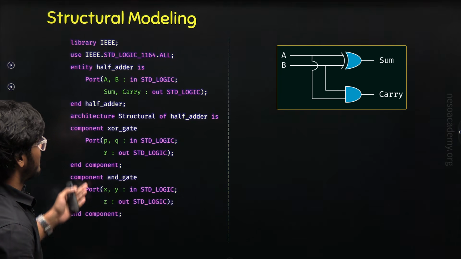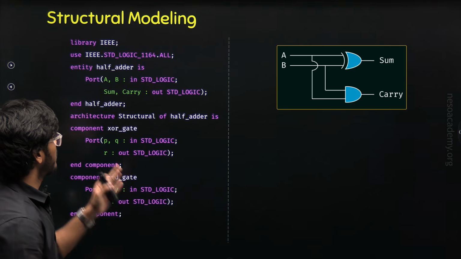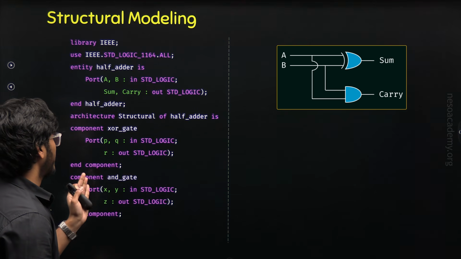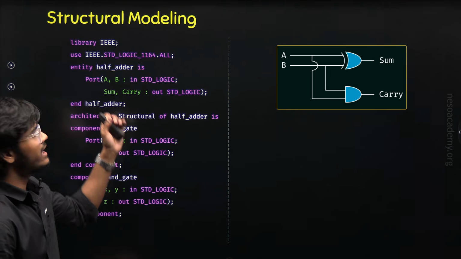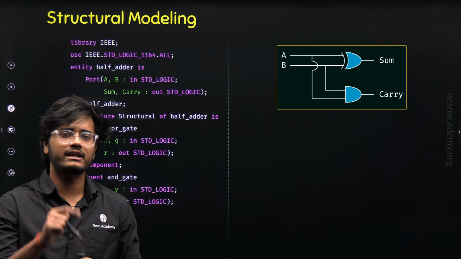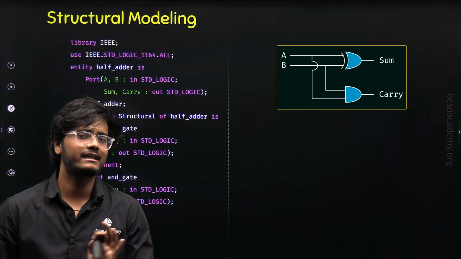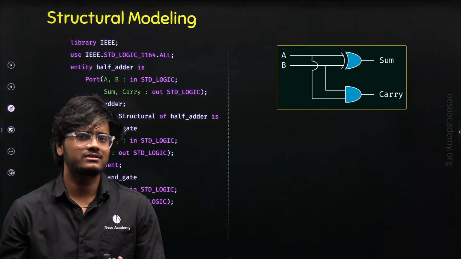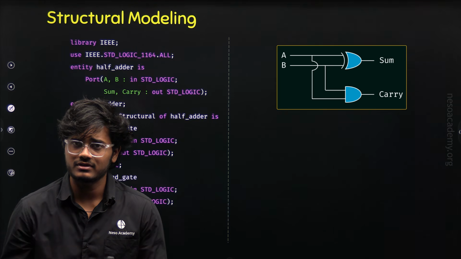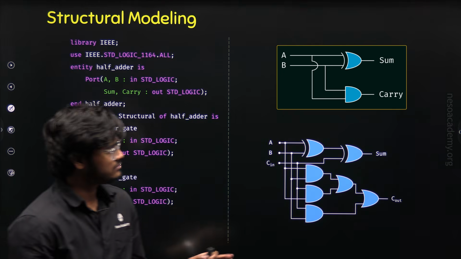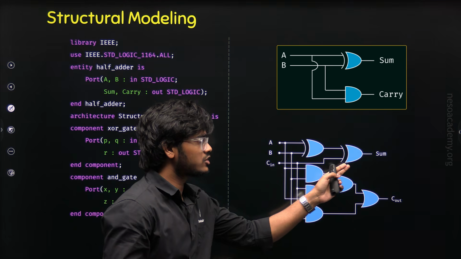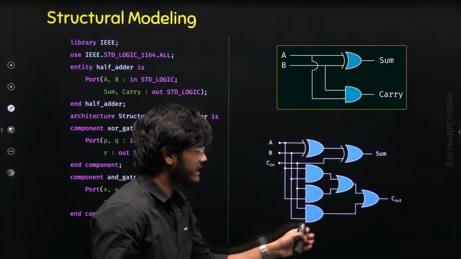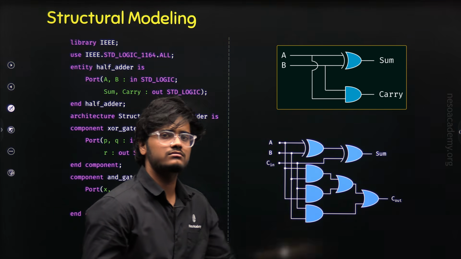Inside this architecture, we have declared one XOR gate component and one AND gate component because in the half adder, we have one XOR gate and one AND gate. Now, imagine if we want to write the structural modeling code for the full adder, which includes two XOR gates, three AND gates, and two OR gates.